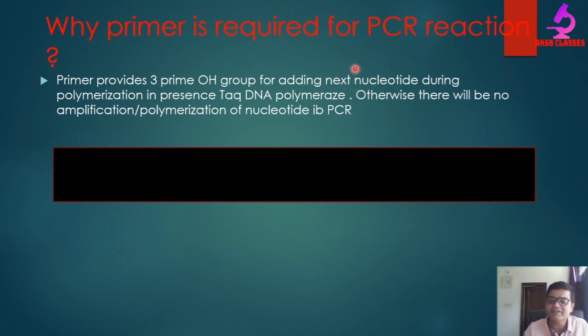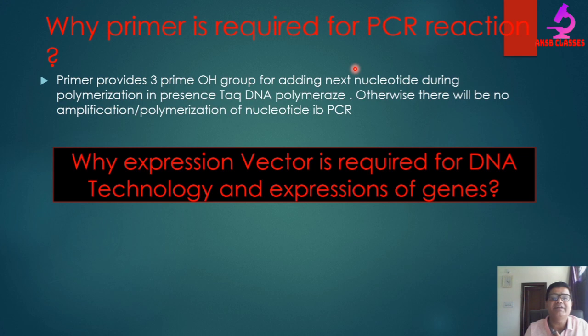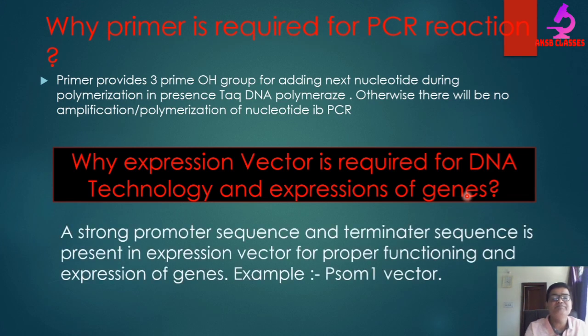The next query is, why is an expression vector required for recombinant DNA technology and expression of the gene? You know this. Every gene cannot show its function in different environmental conditions. So there is a need for a strong promoter.